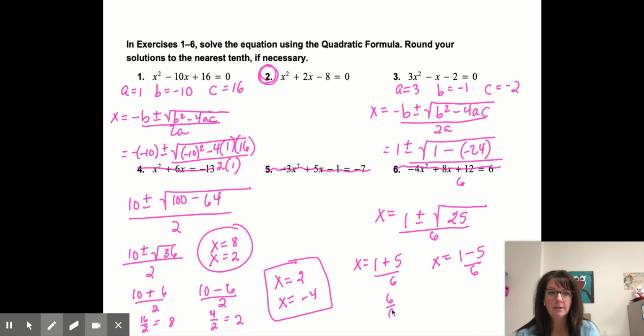So 6 divided by 6 is equal to 1, and -4 divided by 6 is equal to -2/3. So here are our two values of x for number 3. That was number 3.